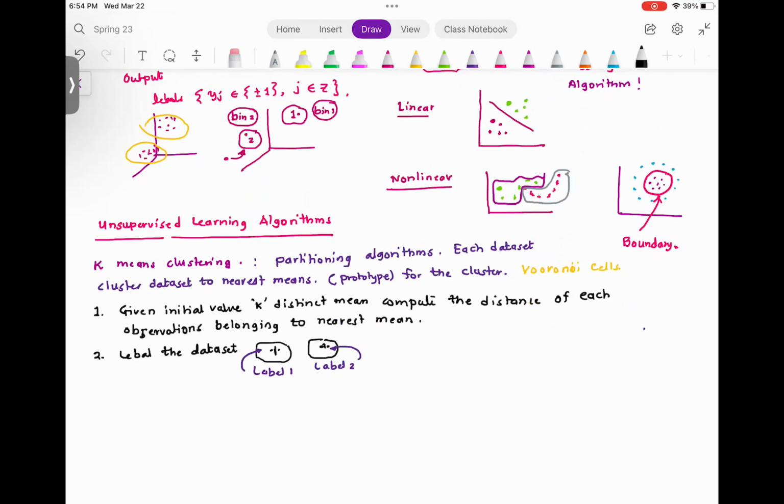Then once the labeling is done, you find the center of mass of the data set.